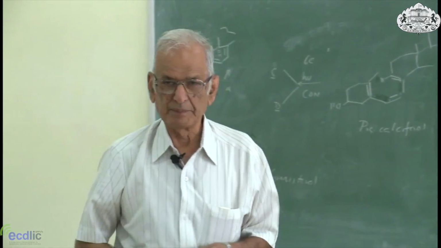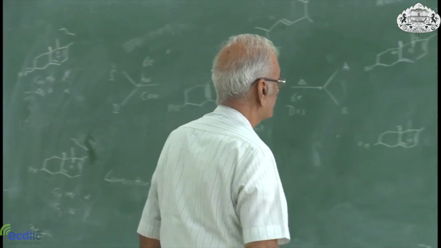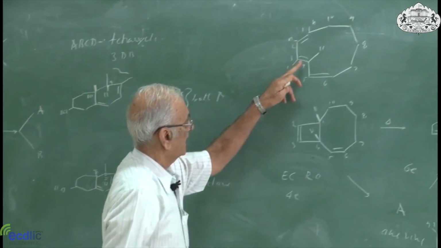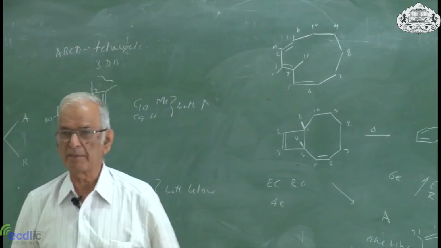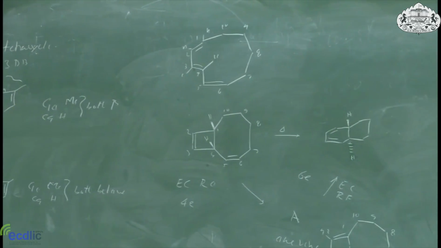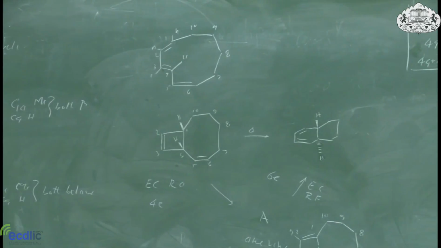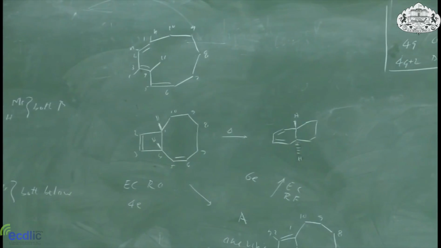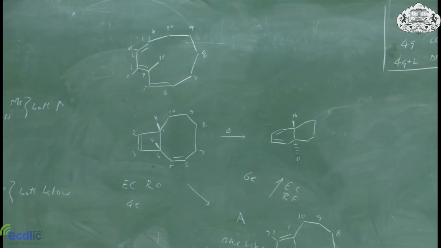Now what's the problem? Now the middle double bond has become a trans double bond. So I cannot form a 6-membered ring. The two ends are too far apart.